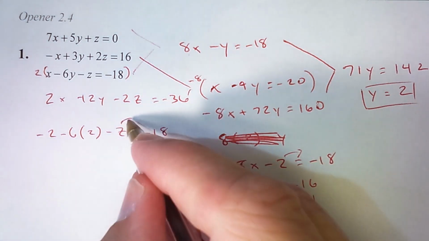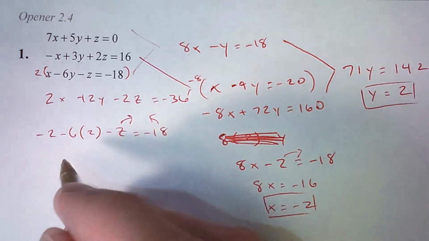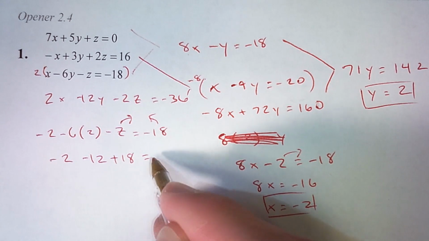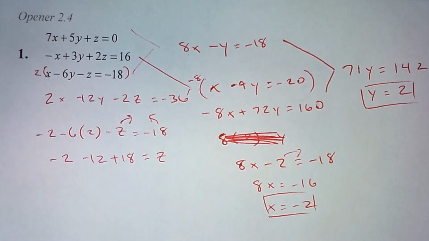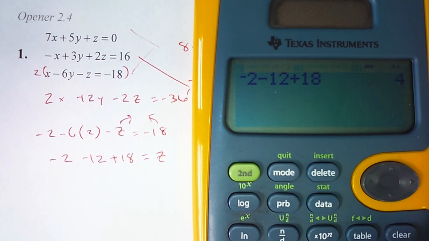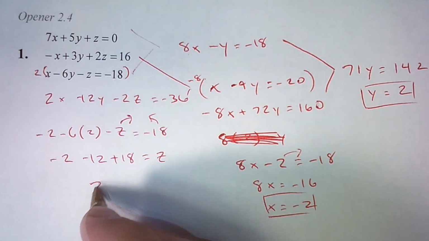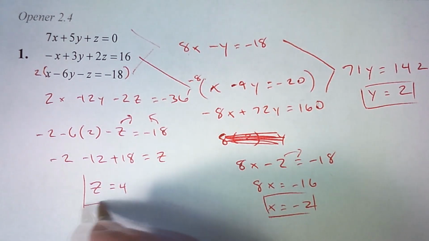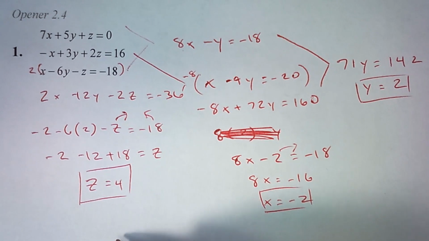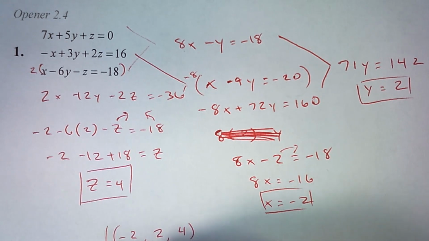I'm going to switch sides with these, so I'll get negative 2 minus 12 plus 18 equals z. So negative 2 minus 12 plus 18 is 4. So I get z is 4. So the intersection of these three lines happens at negative 2, 2, 4.